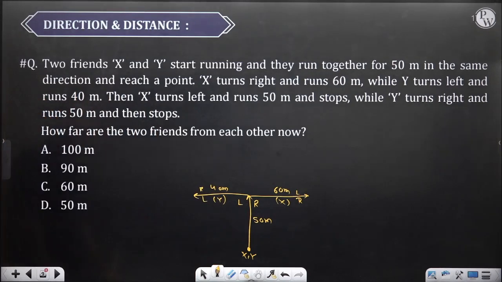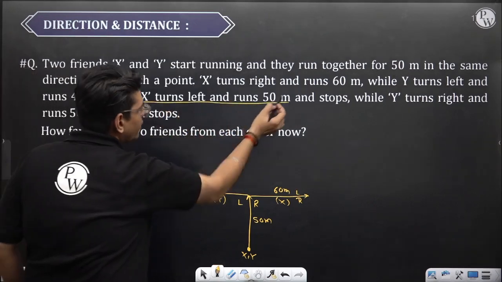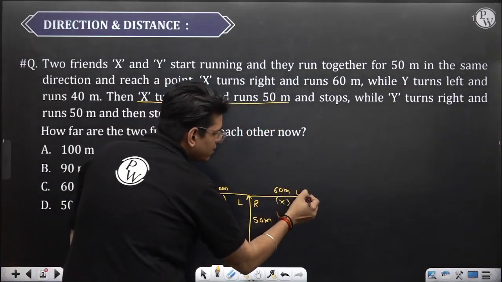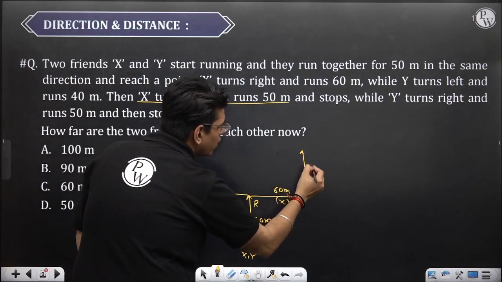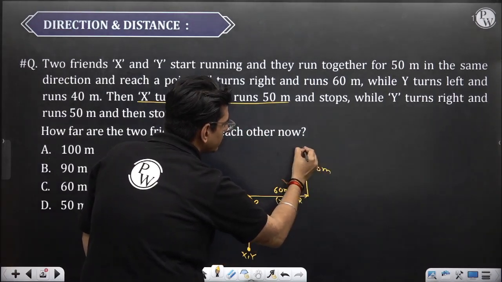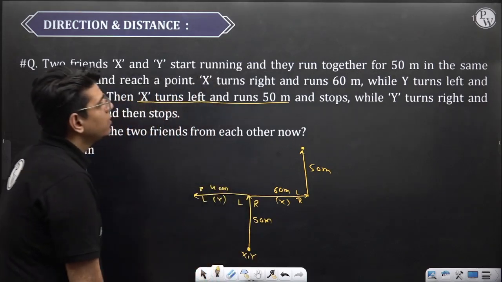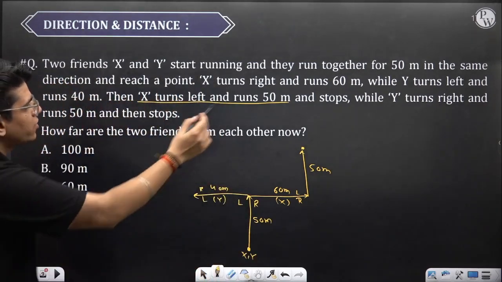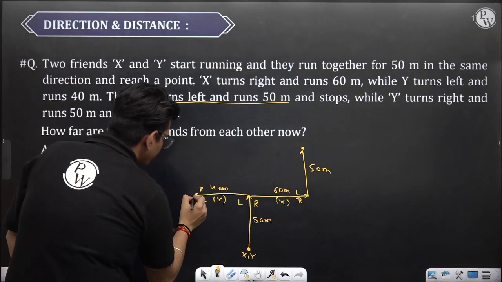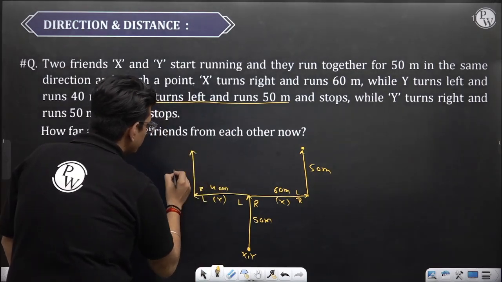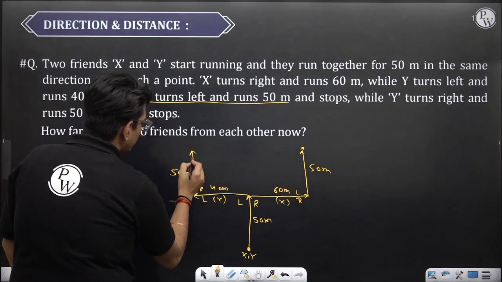Next, what is the next instruction? Then X takes left and runs 50 meters. Takes left and runs. This is your 50 meters, right? While Y turns right and runs 50. This is his right, this is 50. Right?